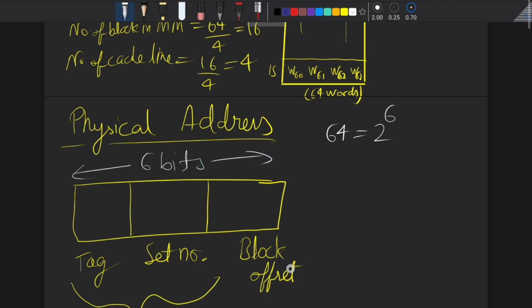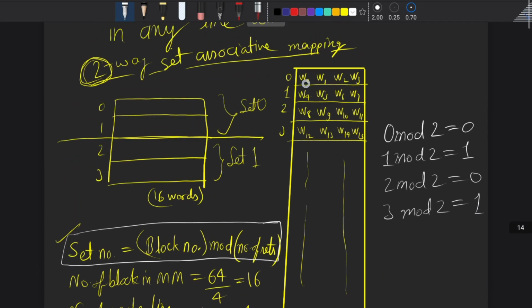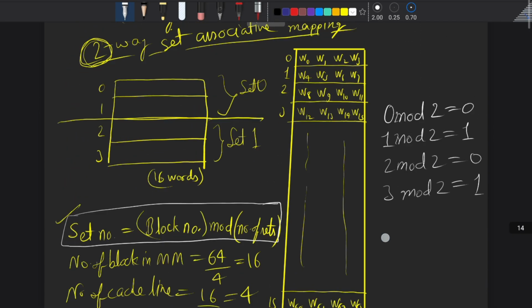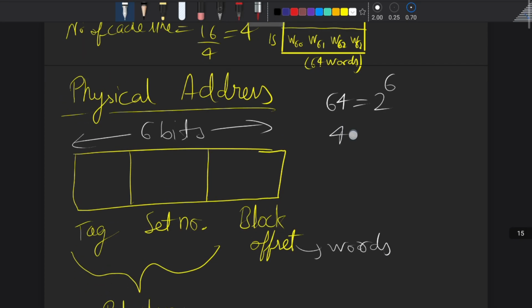Now here block offset represents words, similar to direct mapping and associative mapping. As each block has 4 words, we will need 2 bits to represent each word. So this block offset will contain 2 bits. Now the set number represents which set it belongs to.